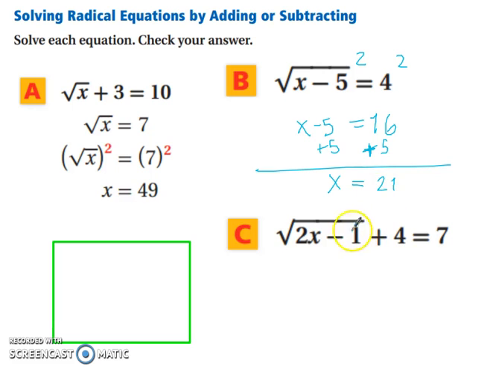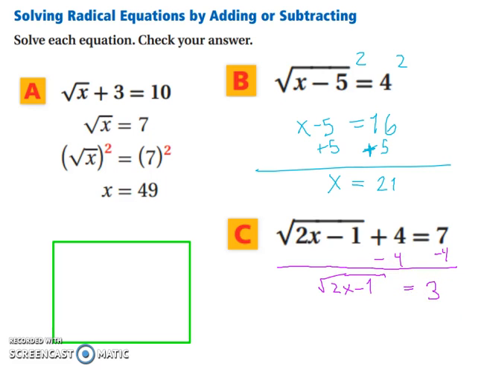Just so that looks like an actual plus sign there. Alright, so now if we look at c, notice how we have this plus 4. We have to get the square root by itself before we can square both sides. So we're going to subtract 4 from both sides first. And then we have the square root of 2x minus 1 equaling 3.